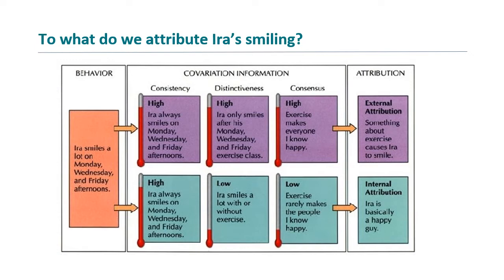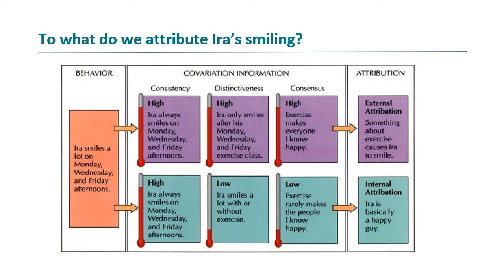The distinctiveness, if it's high, means Ira only smiles after his Monday, Wednesday, Friday exercise class. That makes it distinctive. But if it's low, that means Ira smiles a lot without exercise. So it's not very distinctive. Regardless of the exercise, he's going to still smile.